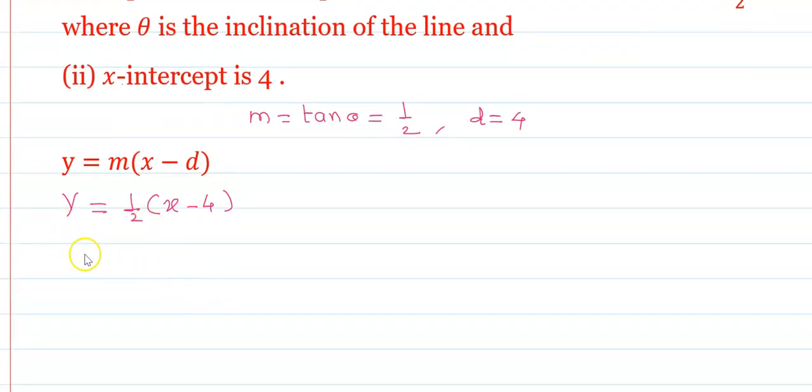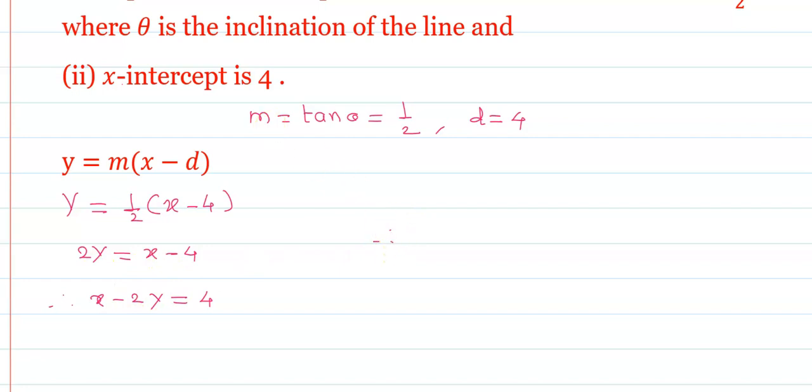Simplify this. That is equal to 2y is equal to x minus 4. And again, this can be written as x minus 2y is equal to 4.